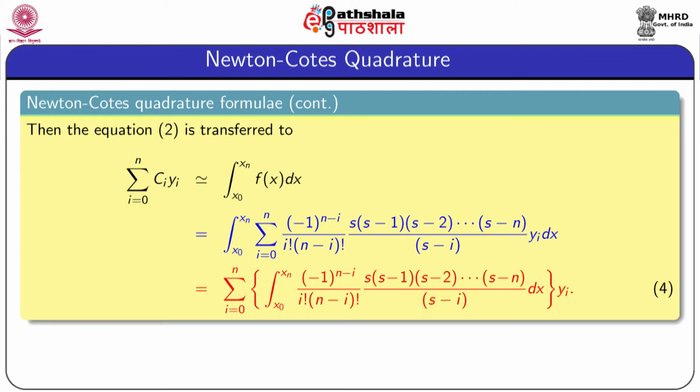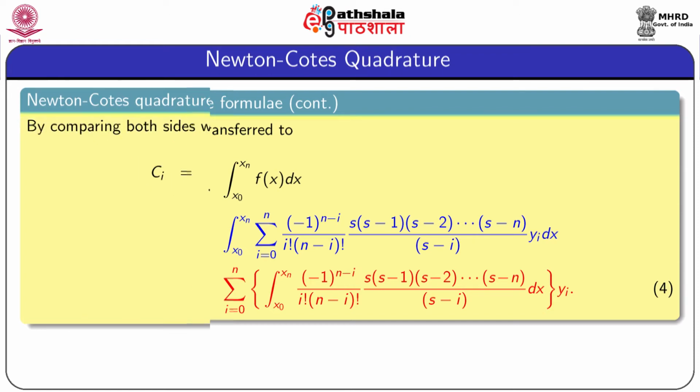The variable x is given, but the integrand is written in terms of s, and equation 4 is obtained by interchanging the summation and integration, which gives the modified form.